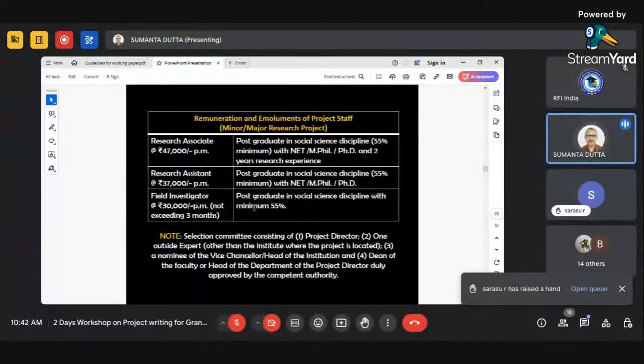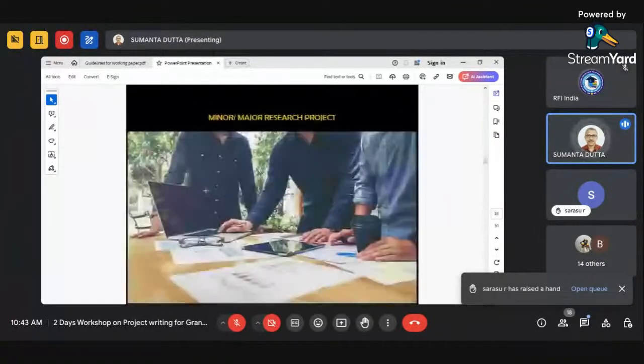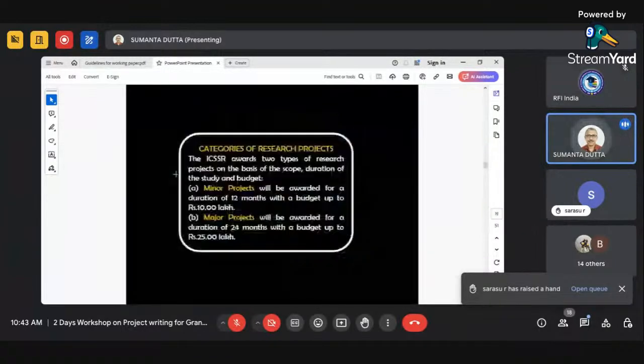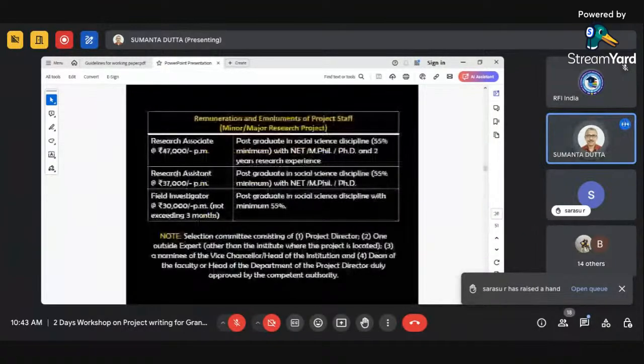Now for the minor project also, it is being stated what the appointment criteria are for the minor or major project for the research associate, assistant, and field investigator. If you compare it with the last one, the amount is a little bit higher here. The amount earlier was 40,000, now it is 47,000.